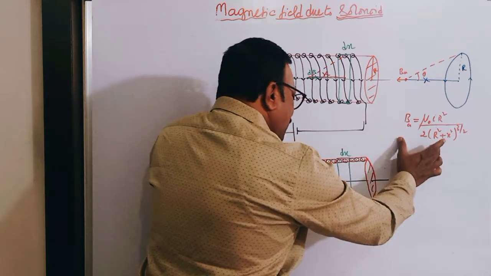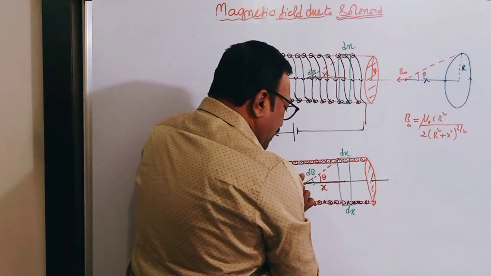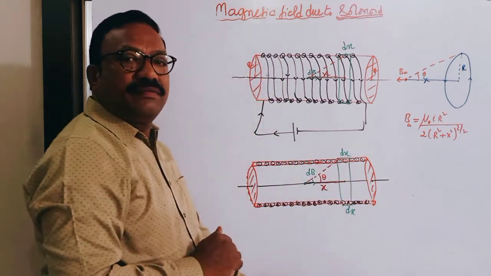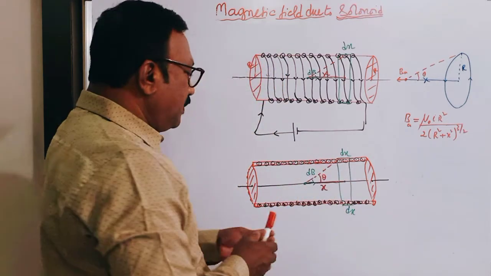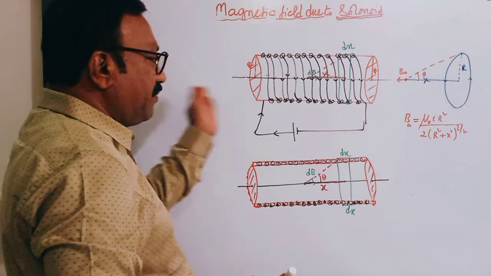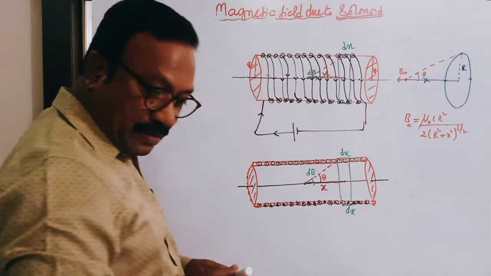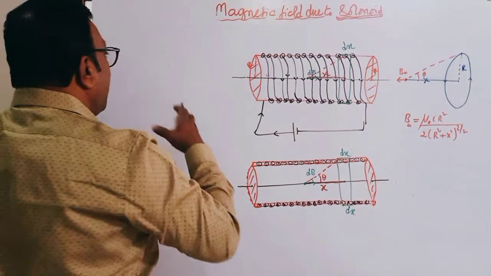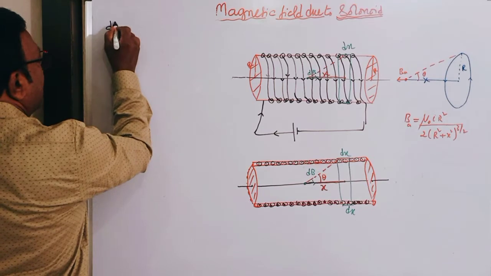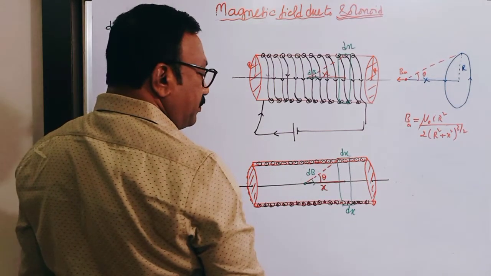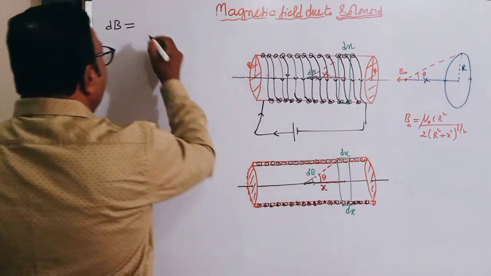So I will be using this relation to calculate this magnetic field dB due to this elemental ring now. Fine. Let me write this formula now and derive an expression for magnetic field on the axis. So I will write dB is equal to, let me write that formula.